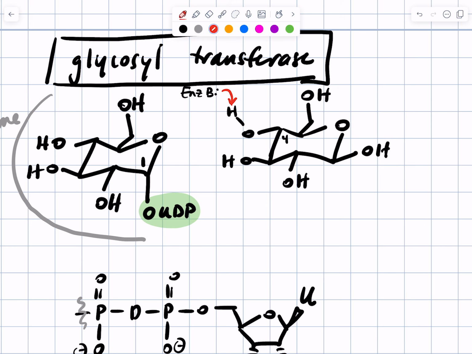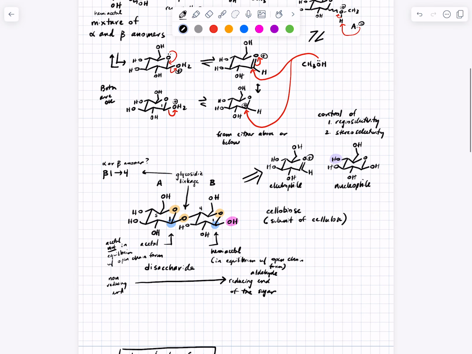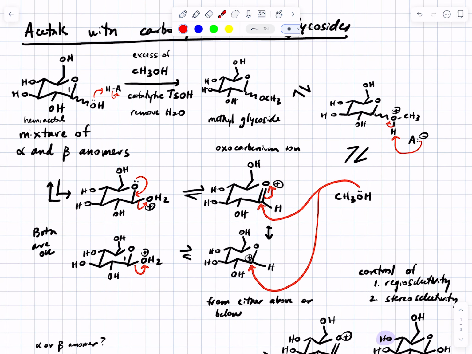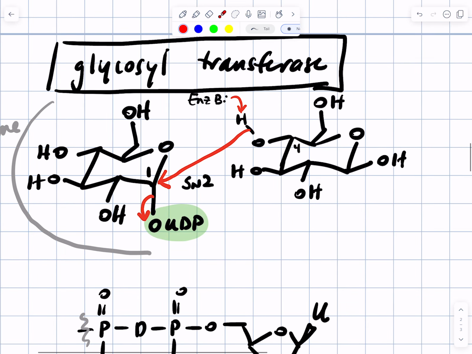As that proton is being removed, the oxygen is about to become more negatively charged. As that happens, it attacks C1 at the same time as the leaving group is leaving. So one of the ways the enzyme controls stereochemistry is, instead of letting the leaving group leave to get a planar carbocation intermediate as we do under acid-catalyzed acetal hydration conditions, the enzyme uses an SN2 reaction to control stereochemistry such that you can only get one stereoisomer.